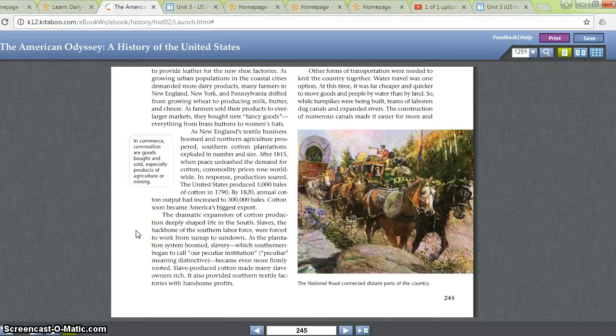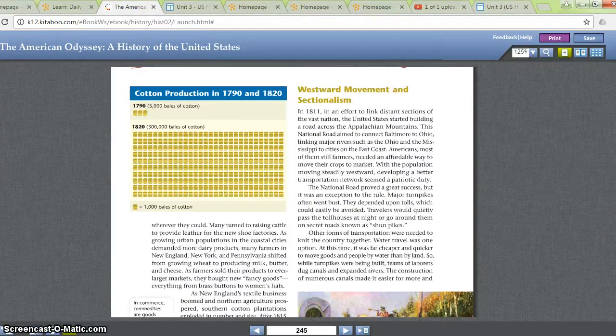Slaves, the backbone of the southern labor force, were forced to work from sunup to sundown. As the plantation system boomed, slavery, which Southerners began to call a peculiar institution, peculiar meaning distinctive, became even more firmly rooted. Slave-produced cotton made many slave owners rich. It also provided northern textile factories with handsome profits.